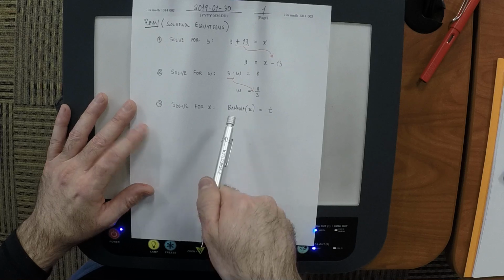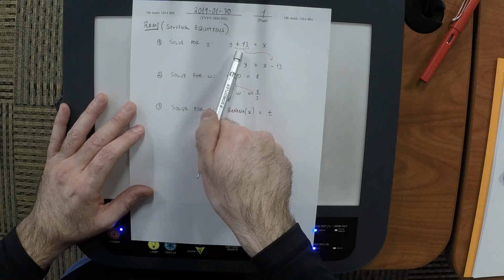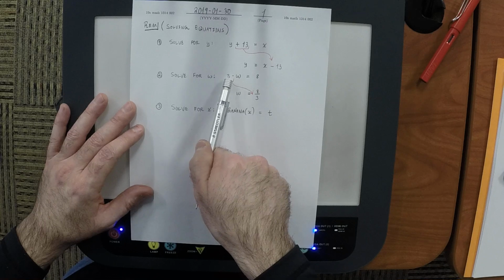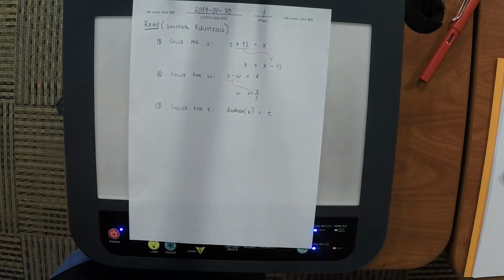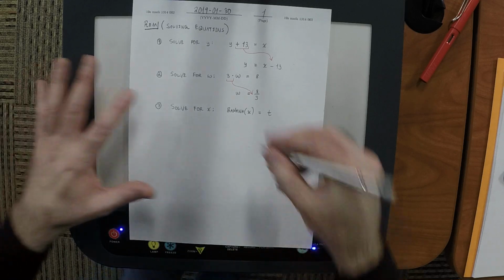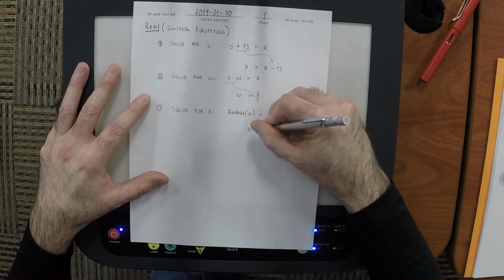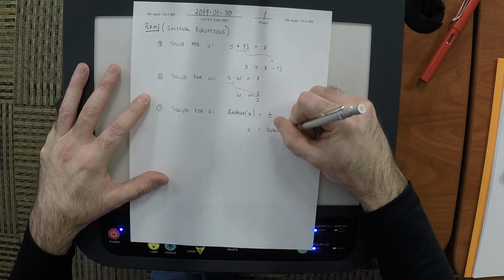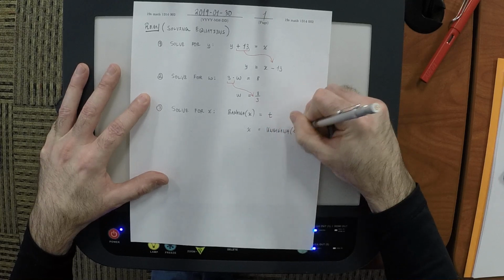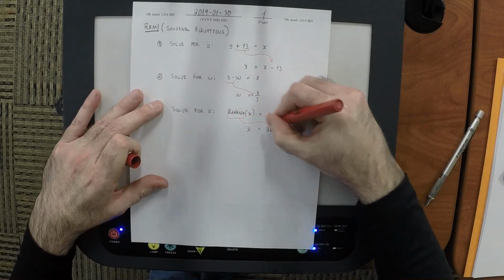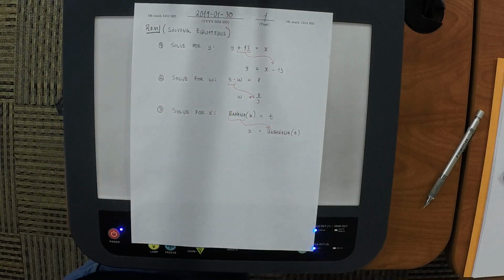If the undo for add 13 is subtract 13, and the undo for multiply by 3 is divide by 3, then whatever banana is, we'll just say that the undo for it is unbanana. So then x is unbanana of t. This thing just moves over, but when it switches sides, it does the opposite thing.